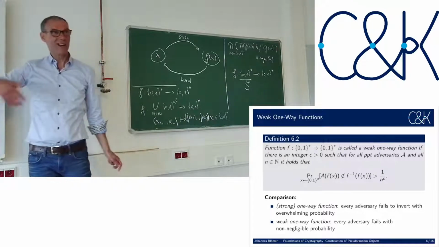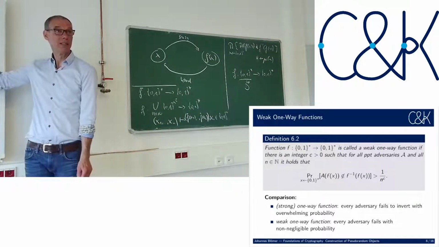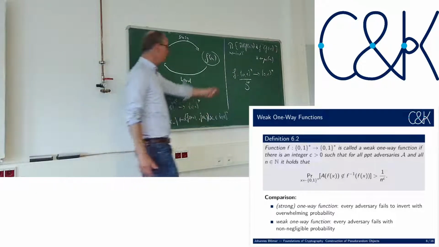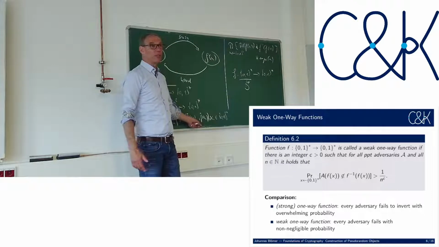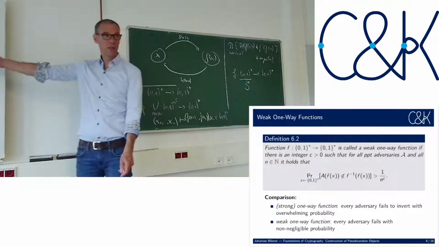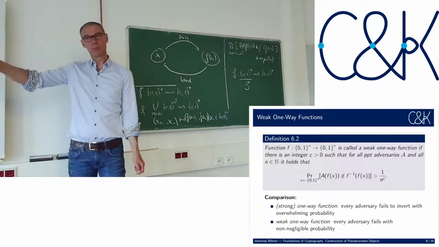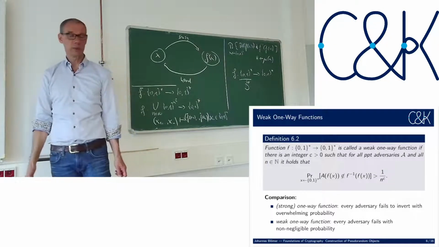And then it's hard to invert almost always, because you will fail with some probability. But to invert f, you are not allowed to fail. If you give enough images, you will fail with significant probability at at least one position.